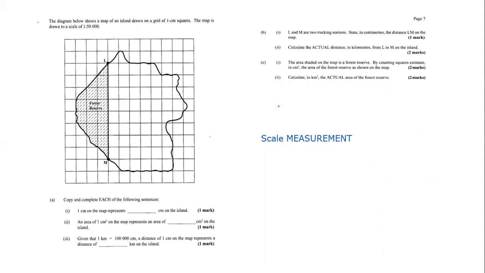They are saying that 1 centimeter on the map is equal to 50,000 centimeters on the ground. That is what it means. Everybody understand that? Yes, sir. Every 1 centimeter you measure is 50,000 centimeters on the ground.